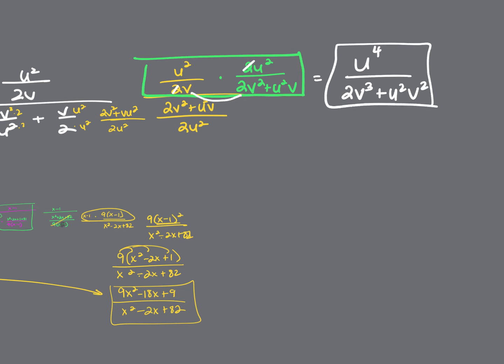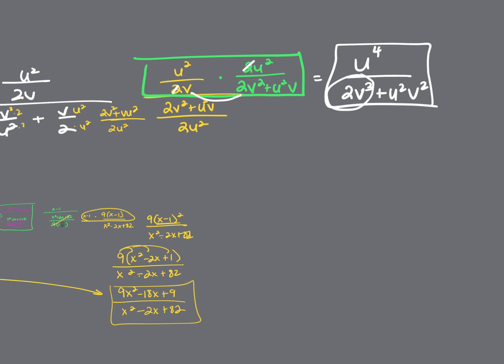So the only thing that got canceled there was that 2. Here you can simplify the u squared and the u squared as well? No, because it's not on this term. Remember, if it's a sum or a difference, you can't just cancel into part of it.